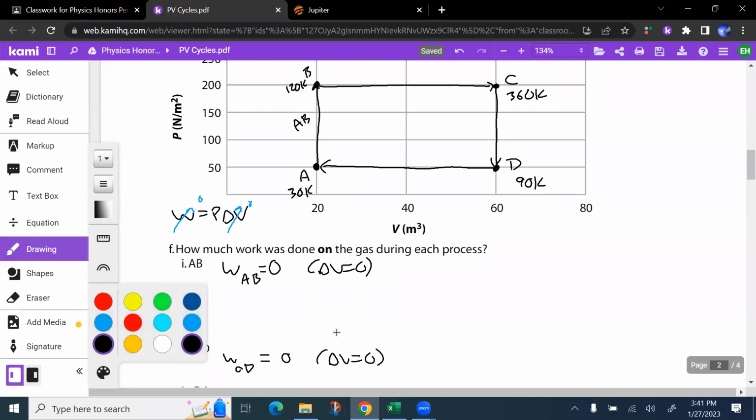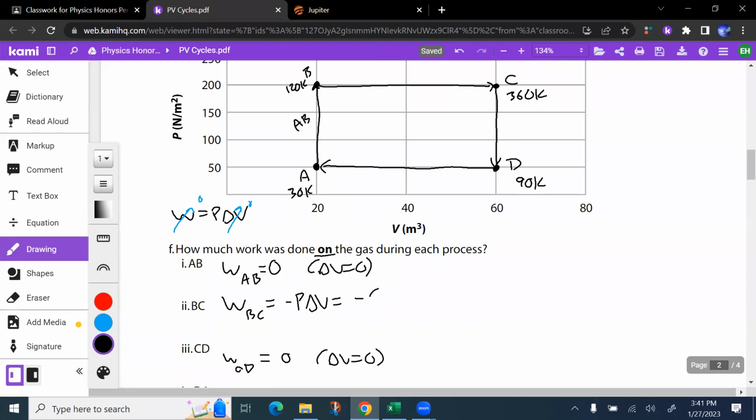Now, B to C is an expansion. So work on an expanding gas is negative. So pressure times a change in volume. What was the pressure?